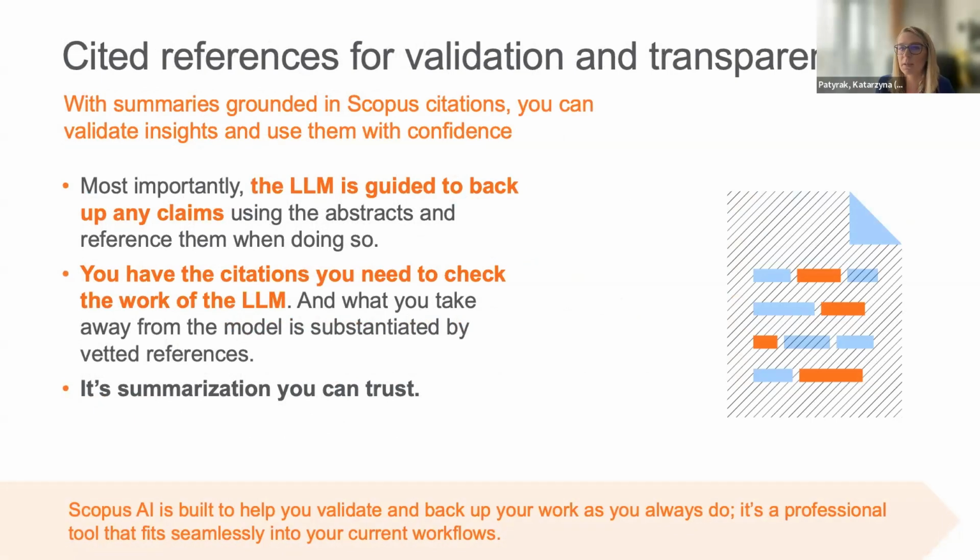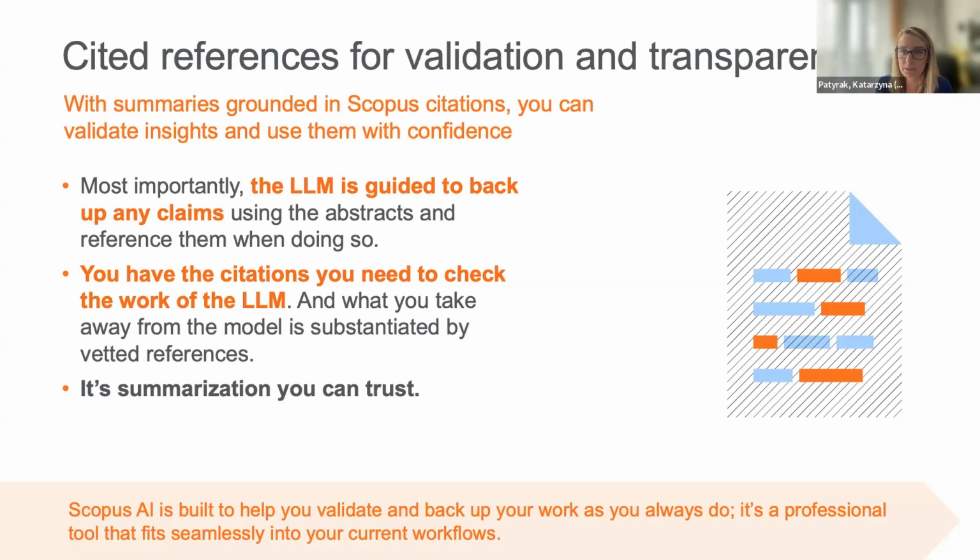So the LLM is directed to back up all of its claims with abstracts and references. So you have the citations you need to check the work of the LLM. Everything is correlated with the references and will fit seamlessly into all the other research you do. So in short, it's summarization you can trust.